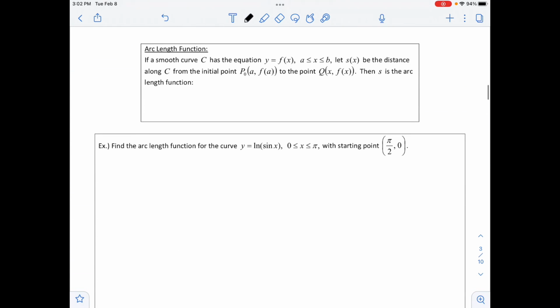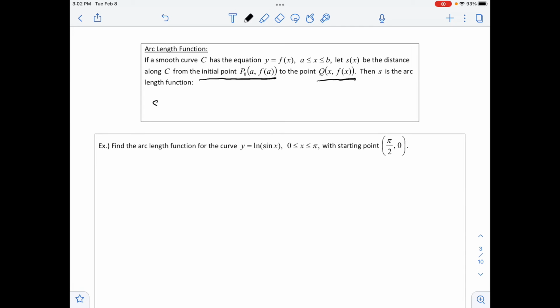So at the top of the next page, it says arc length function. If a smooth curve C has the equation y equals f of x from a less than or equal to x less than or equal to b, let s of x be the distance along C from the initial point, which we defined as P sub 0, which is at (a, f of a), to the point Q, which is at (x, f of x). Then s is the arc length function, so this would work for any 2 points, say an initial point and x.